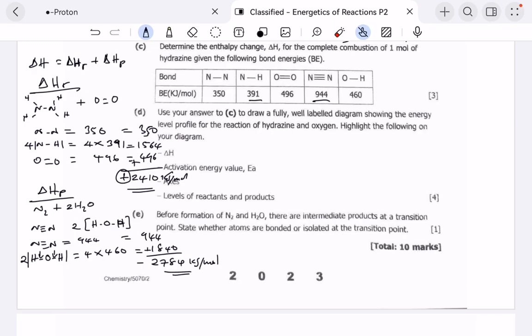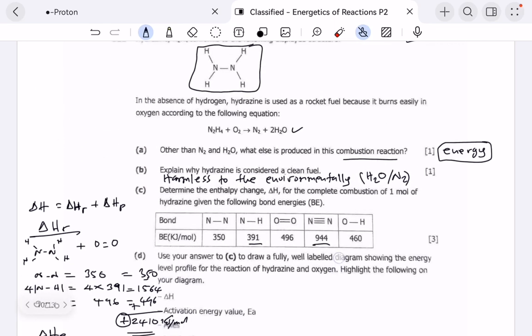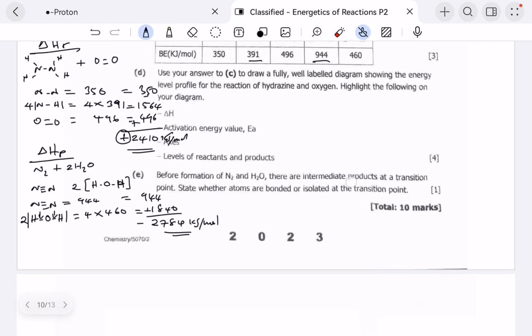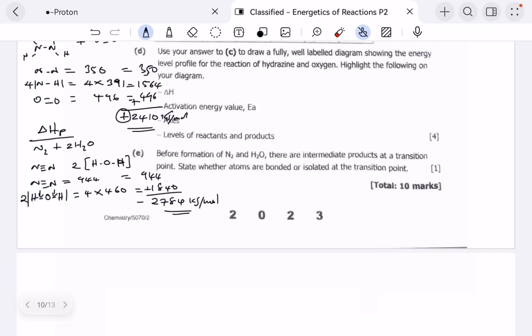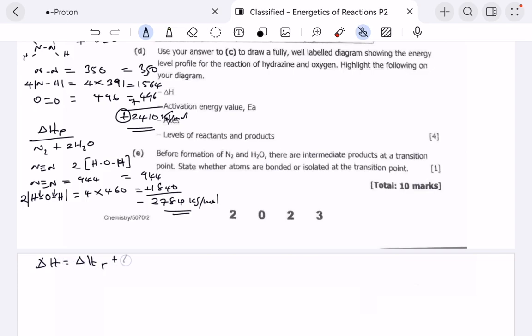Therefore, in terms of the total, we do this plus the product. So it's going to be positive 2410 plus negative 2784.